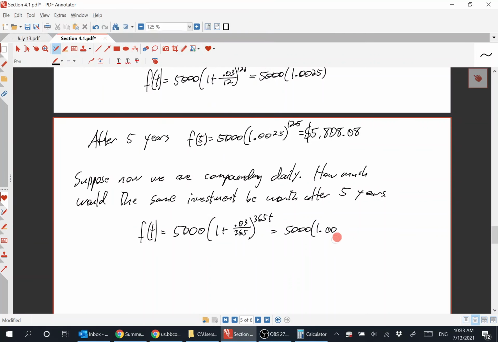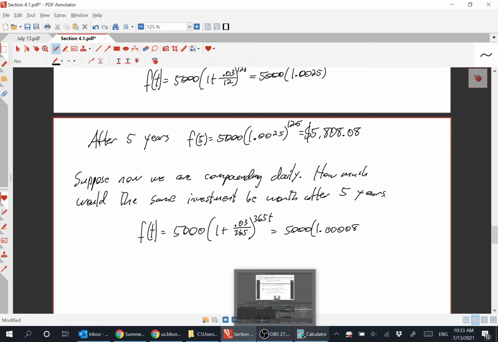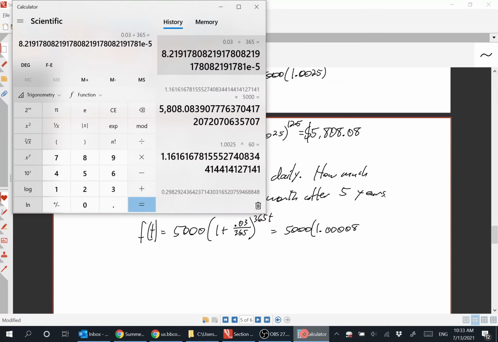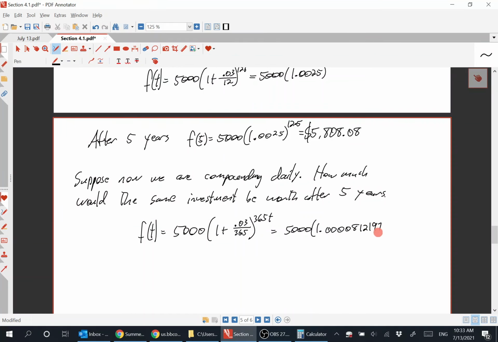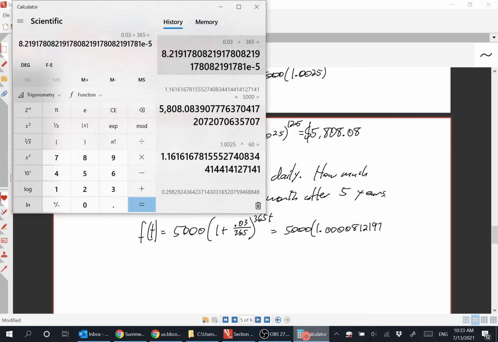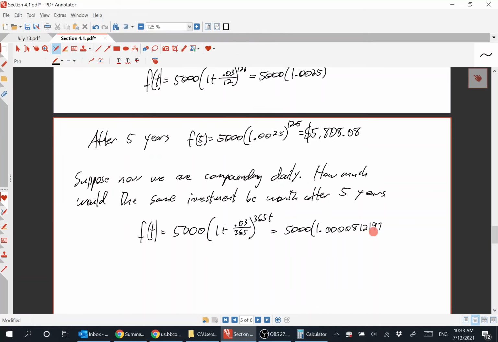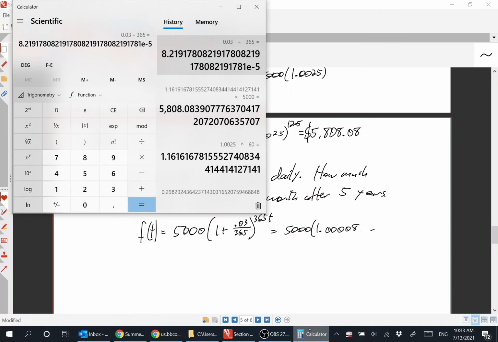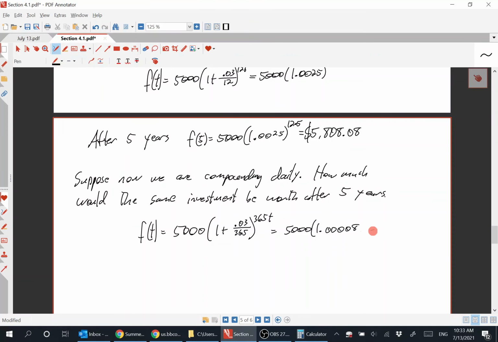So the base is 1.0000821917, to the 365t.